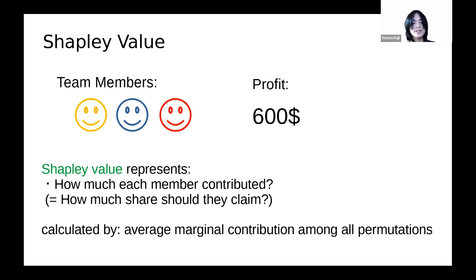Shapley value represents how much each member contributed to the result, or in this case, how much share they should claim, how this $600 should be distributed among team members. Maybe one of them worked so hard and contributed a lot, or maybe some of them are just slacking. In short, Shapley value is calculated by the average marginal contribution among all permutations.